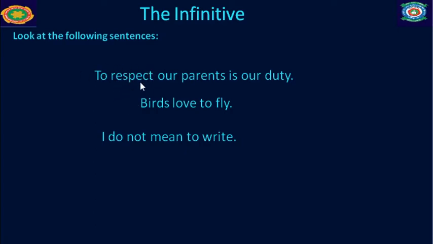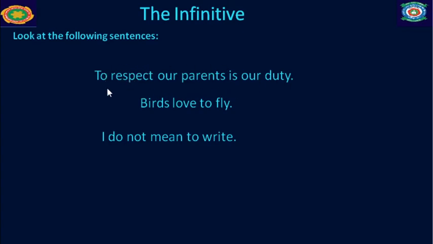For example, to respect our parents is our duty. To respect is non-finite, that doesn't express full meaning. Though it is a verb, it doesn't act as main verb. To respect our parents is our duty.